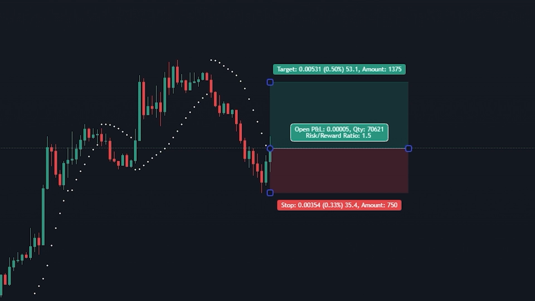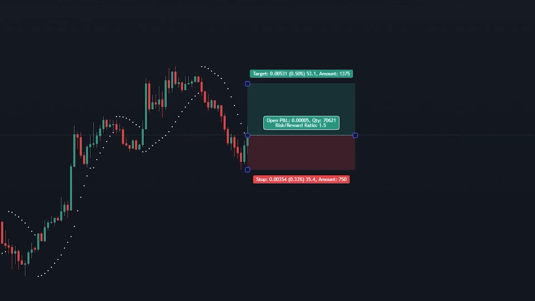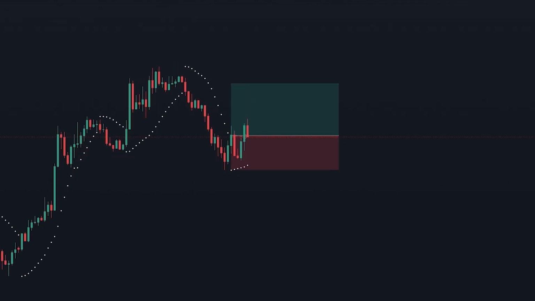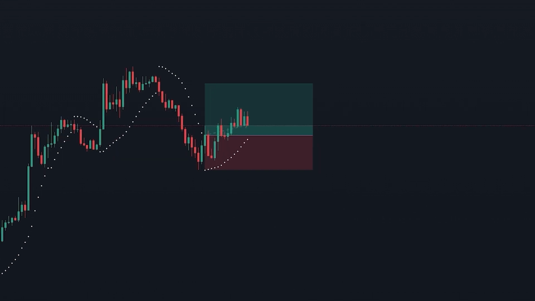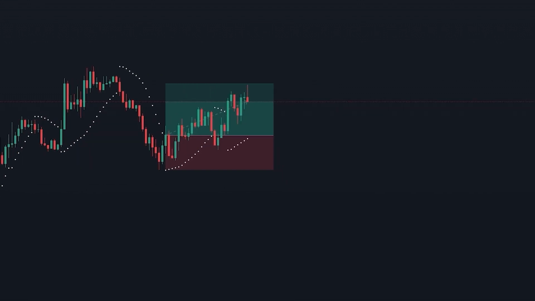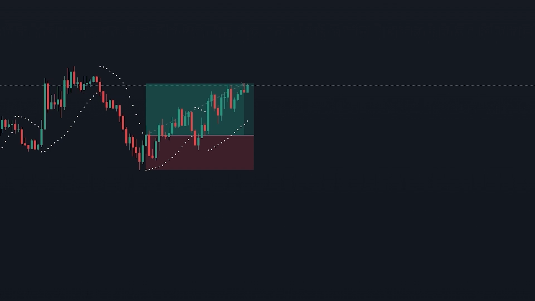Let's see how this trade turns out. This trade hit the take profit.